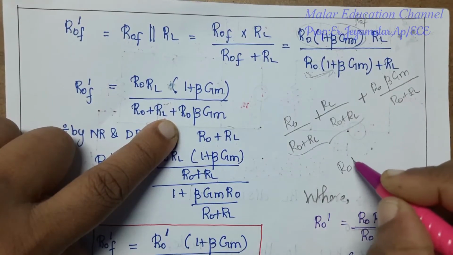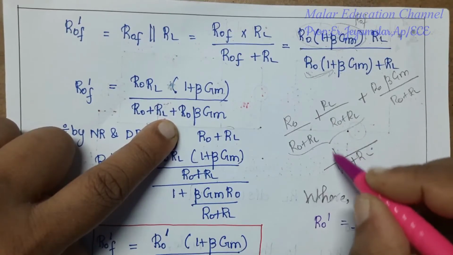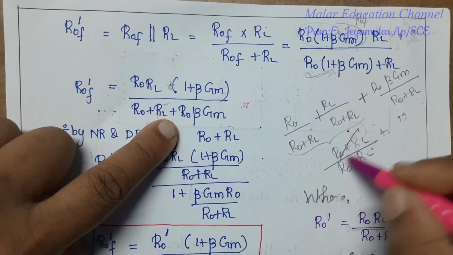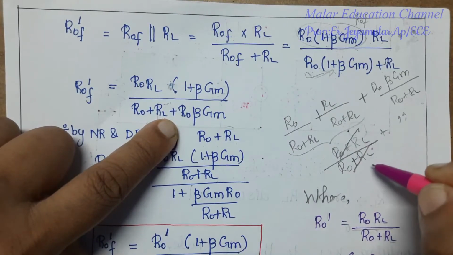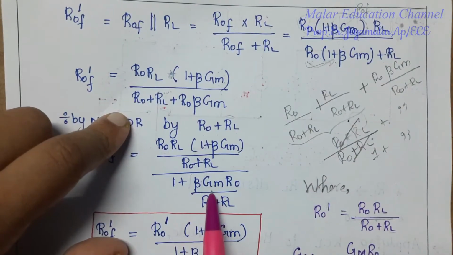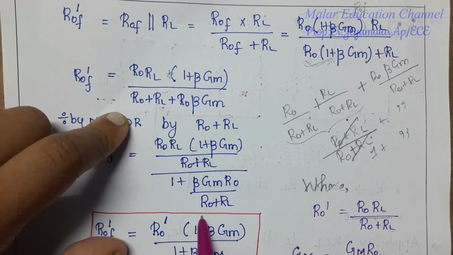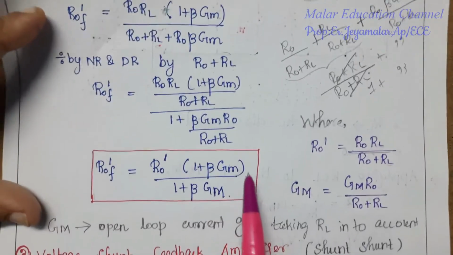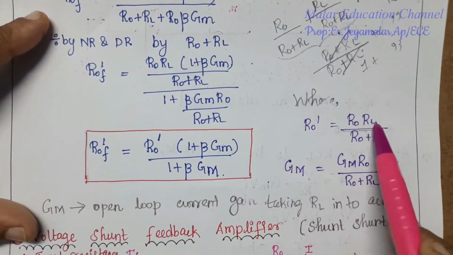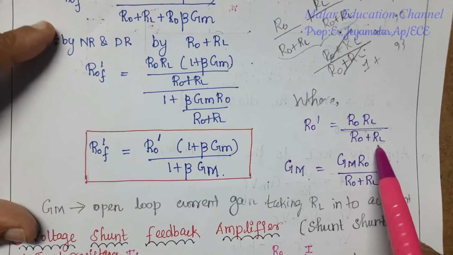Take LCM R naught plus RL, the numerator as R naught plus RL, isn't it? Plus the term is the same. So these both get cancelled. So the answer is 1 plus the term. So here also 1 plus beta into Gm R naught divided by R naught plus RL. Take the term, instead of R naught dash equal to R naught RL divided by R naught plus RL.